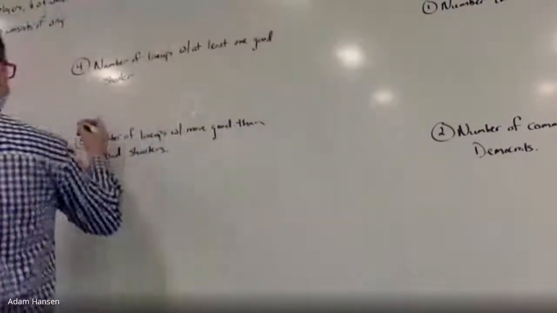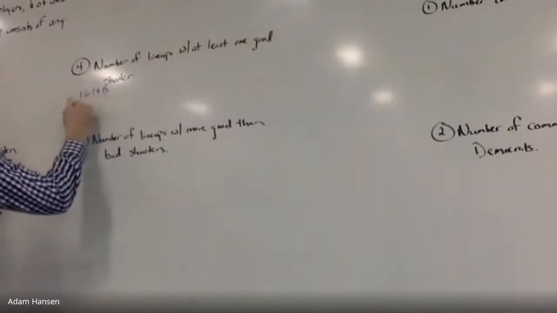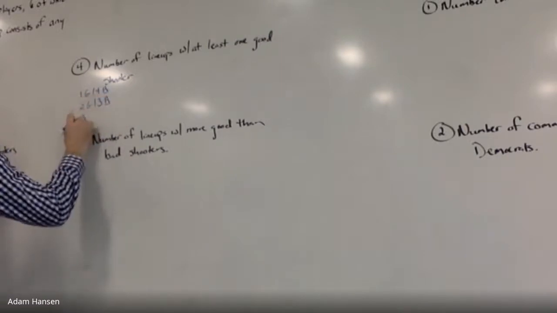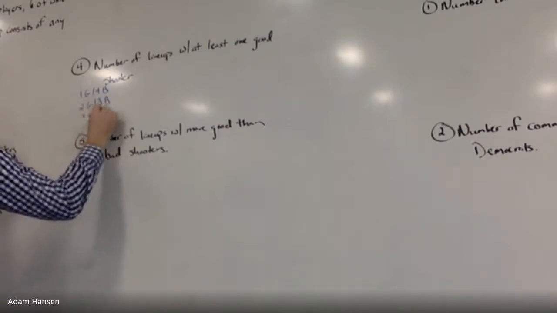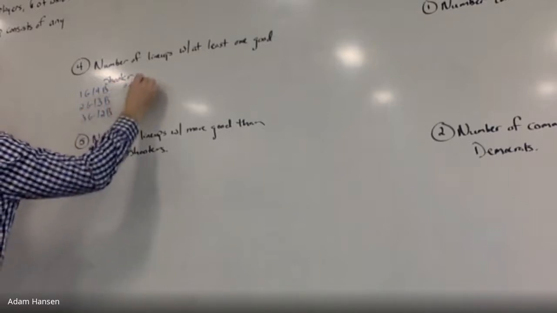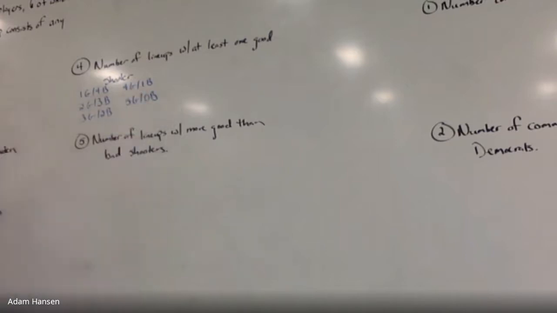Okay. So I could sit here and I could find 1 good, 4 bad. 2 good, 3 bad. 3 good, 2 bad. 4 good, 1 bad. 5 good and 0 bad. If you want to take the time, find all those different combinations for starting lineups and add them all together, you sure could.